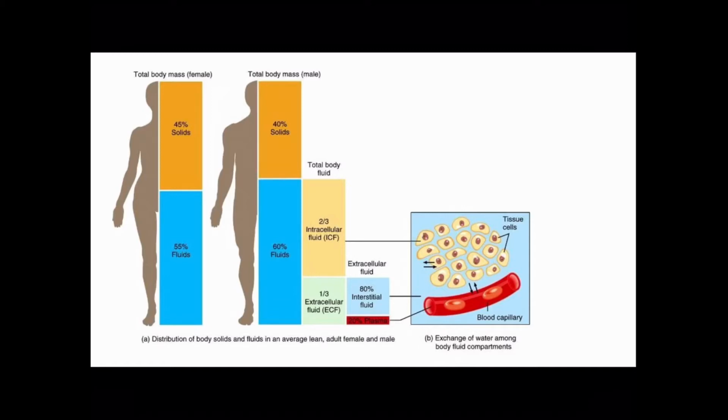So in the blood we have red blood cells, white blood cells, and platelets. Those are the cells of the blood. And then plasma is the fluid that they float around in and get transported, and other things are dissolved or suspended in the fluid of plasma.